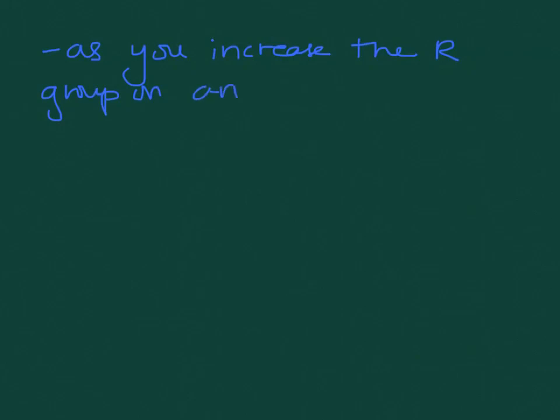As you increase the R group on an ether, you can increase the boiling point. And this is due to London dispersion forces.